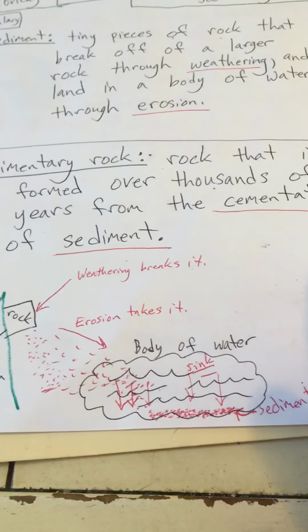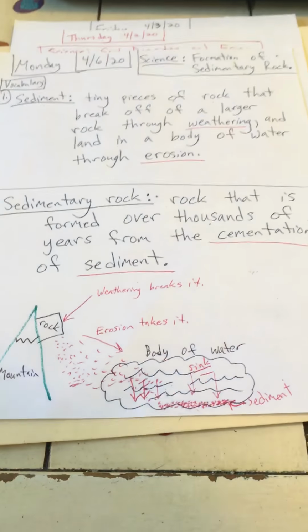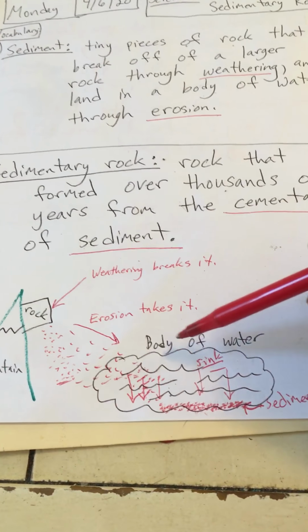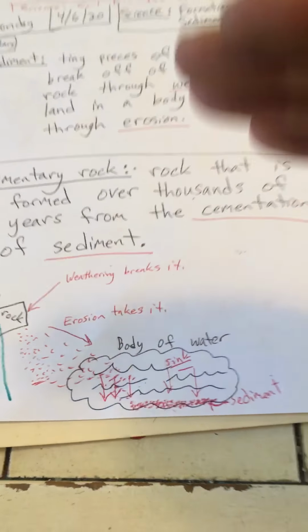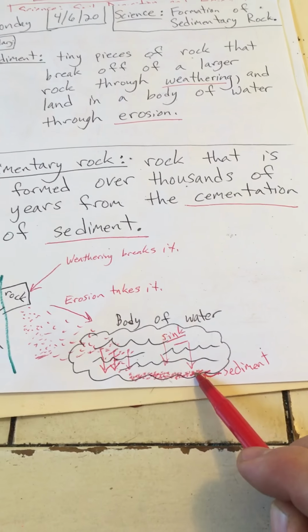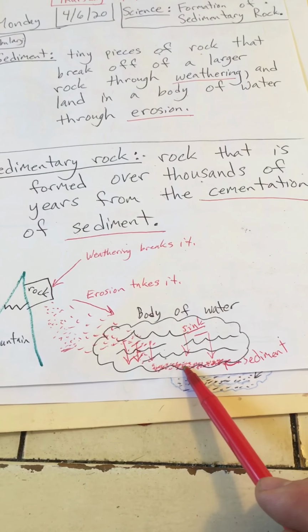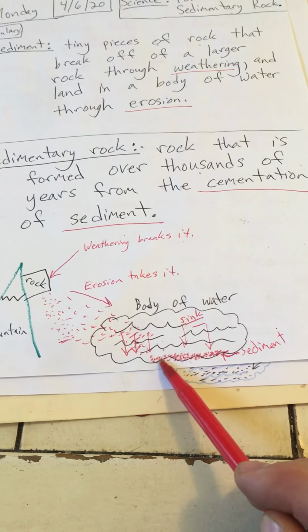And it's going to sit there for a really, really long time. And we learned last week about how the weight of all this water is pressing down on it. Gravity is pulling down on this sediment that's sitting down here at the bottom. So it's going to take thousands of years. But after thousands of years, this sediment, which is just tiny little pieces of rock, right?